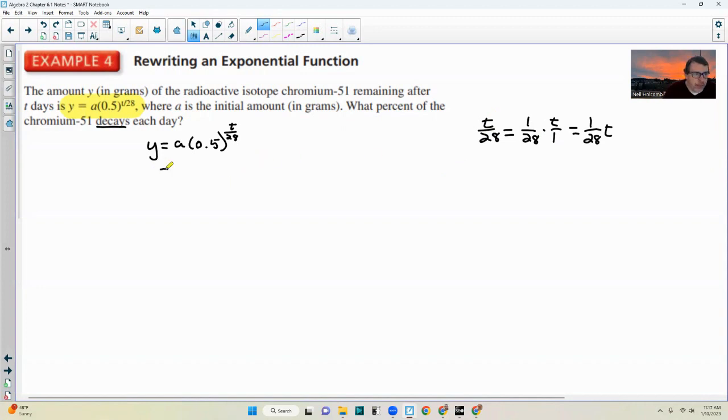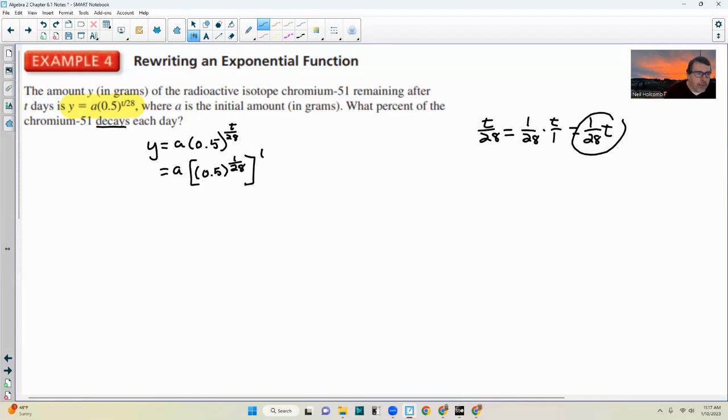So this is going to equal a, the a just stays there. And then I'm going to do, oops, forgot my parentheses. It's going to be a parentheses within another bracket. I want 1 over 28 in place of that t over 28.